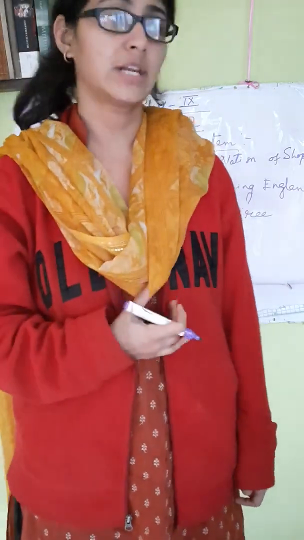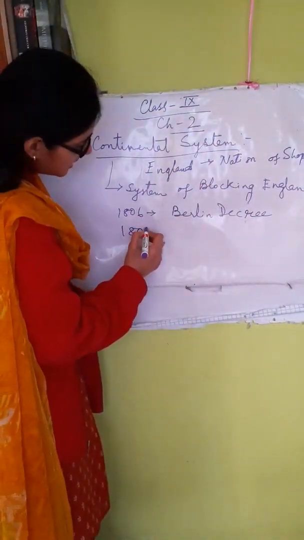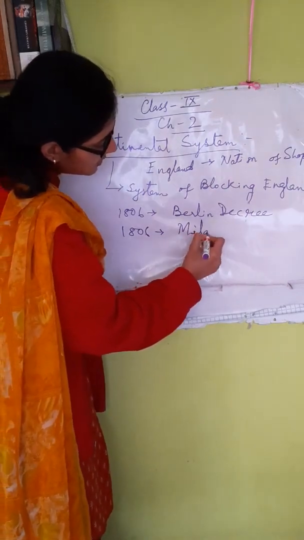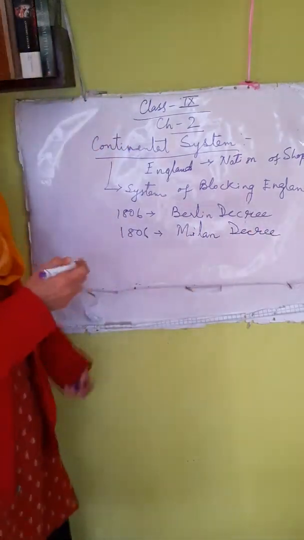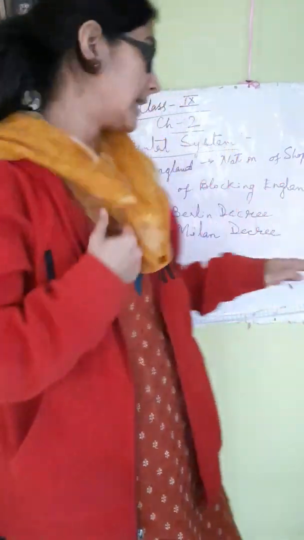He ordered it, but when he saw his order was not being heard, he passed another order. In 1806 only, a few days later, he also passed the Milan Decree. Decree means order. By this order, he forced the countries that no country should trade with England. First he ordered them, but then by the next decree he forced them.